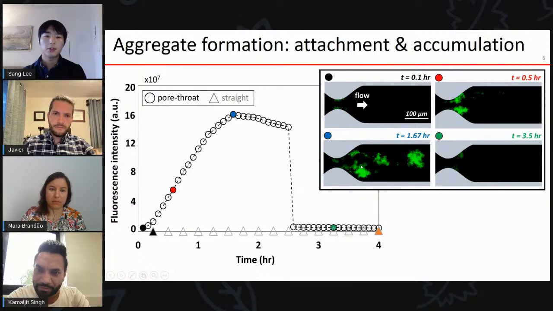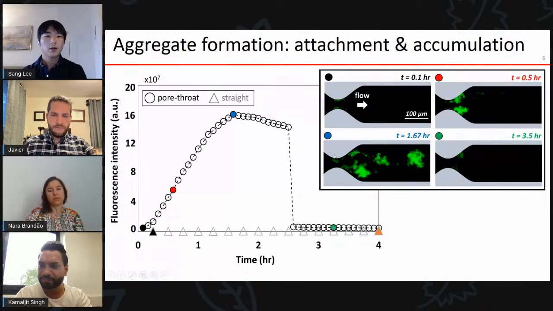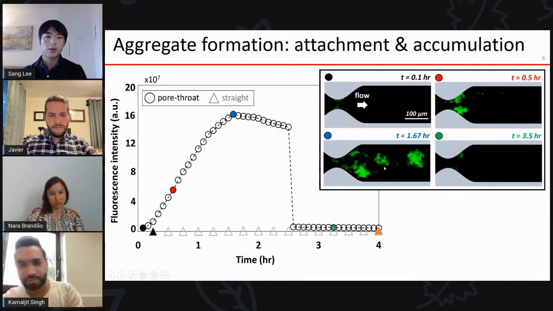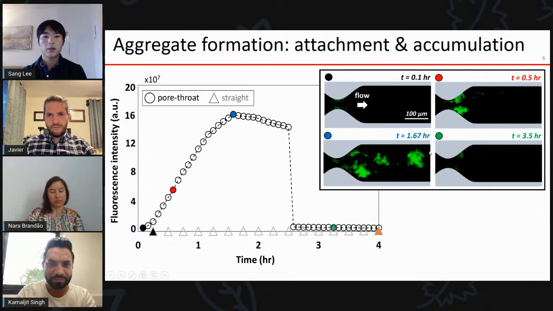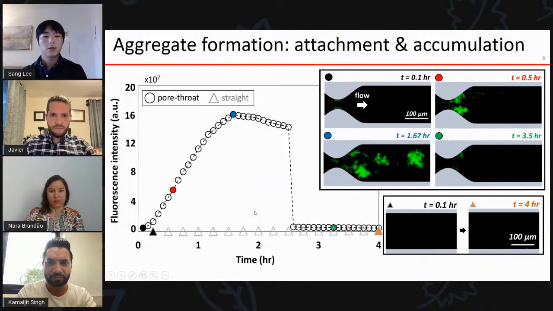And then once they gain enough mass, they slowly start to detach from the throat, and then they show sudden disconnection from the pore throat, leading to this sudden drop in the fluorescence intensity at the later hours. At the same time, there was a negligible amount of accumulation of biomass in the straight channel.